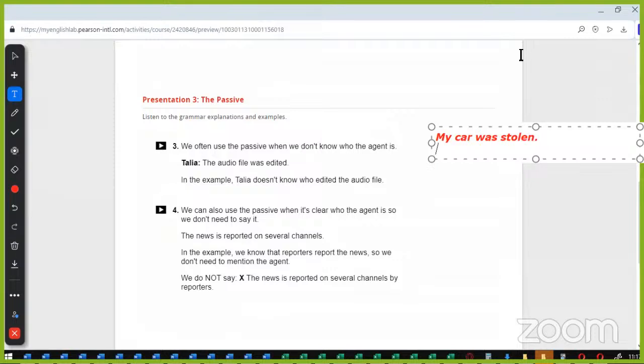Or we can also use the passive when it's clear who the agent is, so we don't need to say it. Like, let me think of an example here.